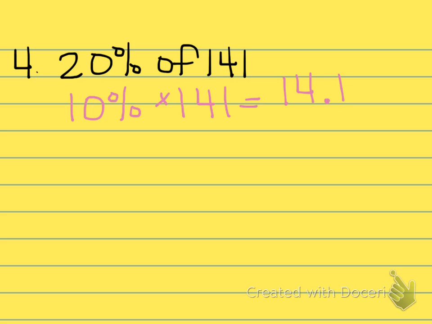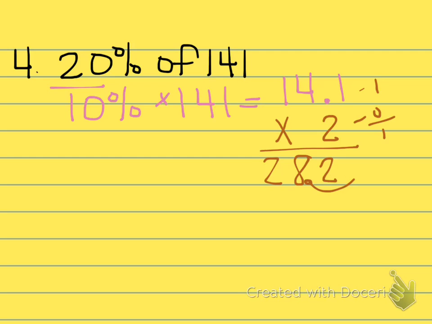Now that I know this is 20%, I'm going to take my 10%, which is 14.1, and multiply it times 2. So 2, and then I move one decimal in my answer. 28.2 is my answer.